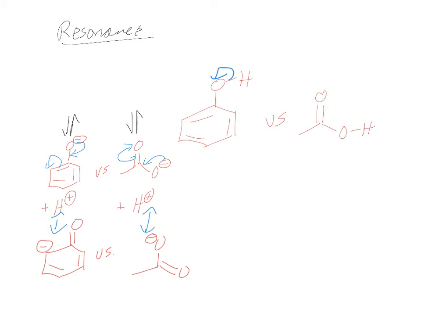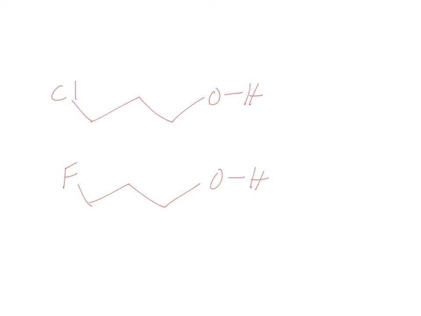Whereas this one has one resonance structure with an oxygen with a negative charge, and all the other ones have carbons with negative charges. Well, oxygen is more electronegative than carbon. That's why this would be a more reactive acid. So you literally could use all three answers. So let's talk about induction quick.